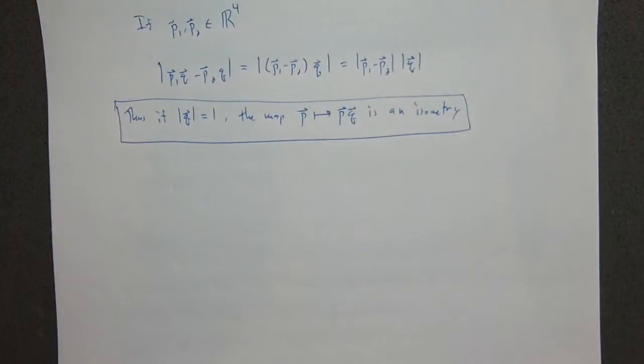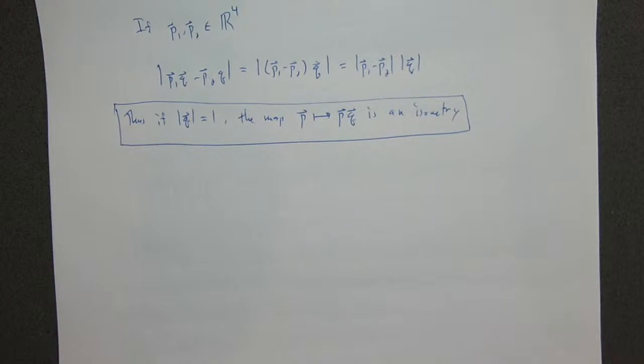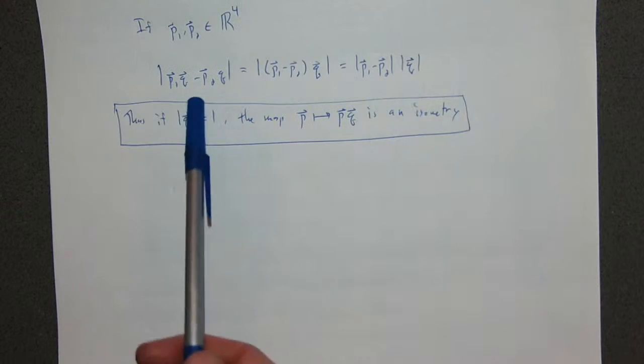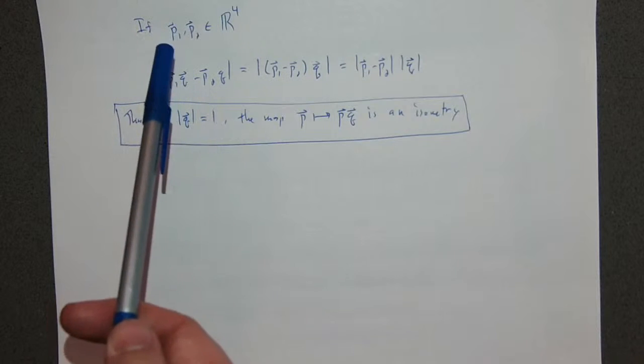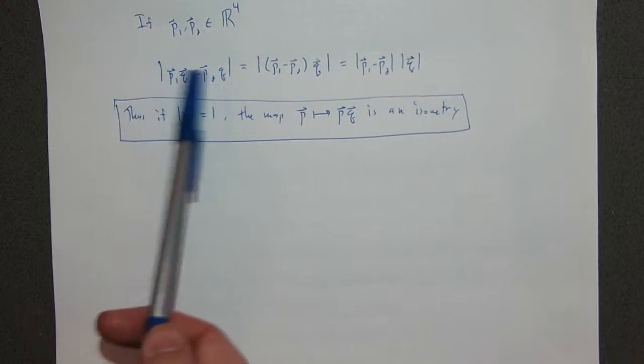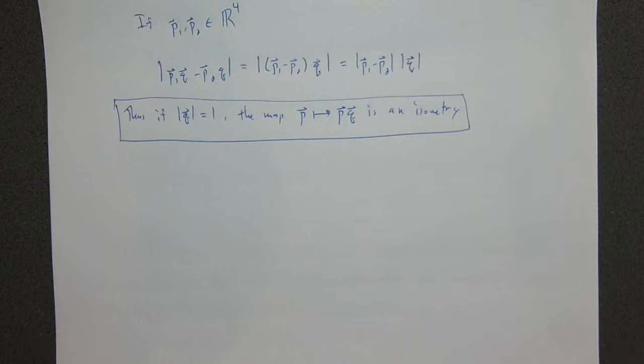This is why we cared about showing that it scaled the distances in a very predictable way. And so if you were judicious in picking the quaternions that you're talking about here, this map in question is actually an isometry, because the distance between the image points would just be the distance between the points. Okay.